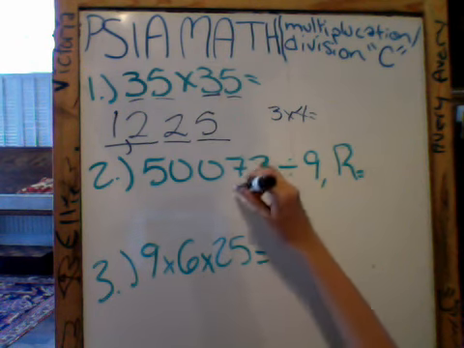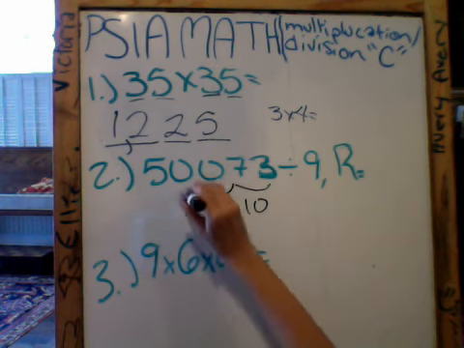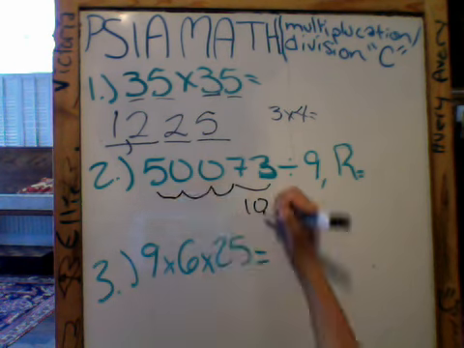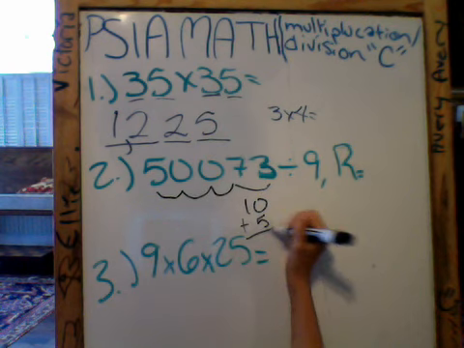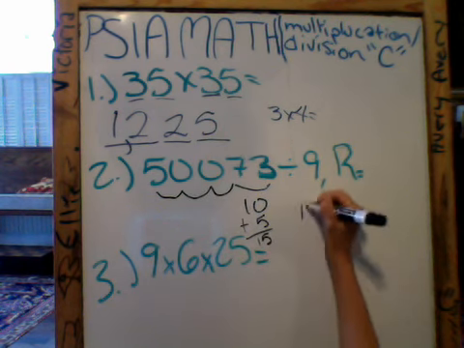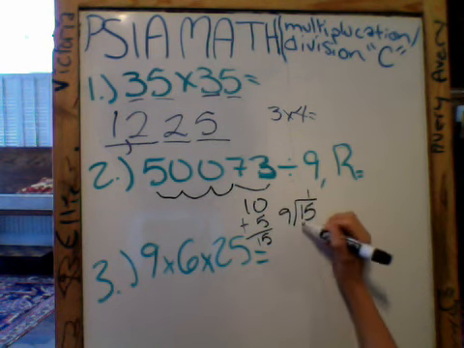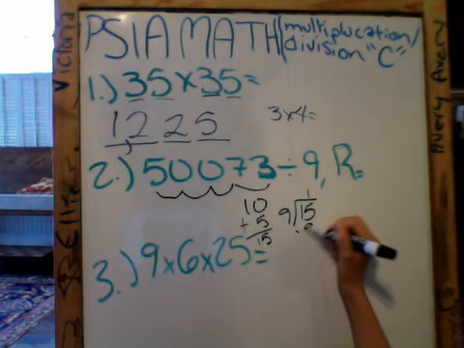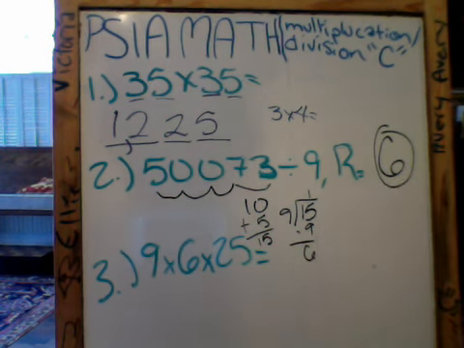So 3 plus 7 is 10, plus 0 is 10, plus 5, that is 15. So 15 divided by 9 goes one time, that is 9, and the remainder is 6. And that's your answer. So again, these are in your divisibility and your remainder rules that are in your binder.